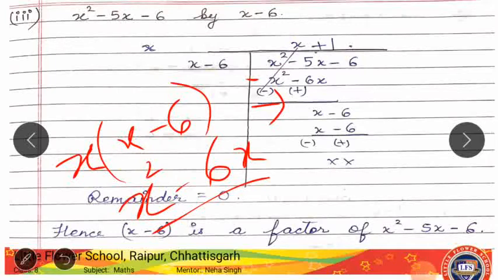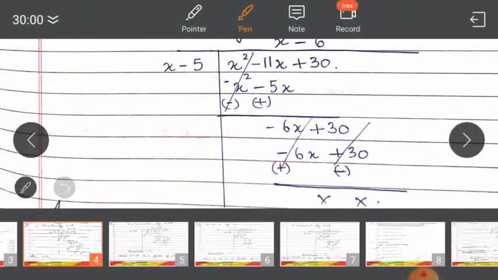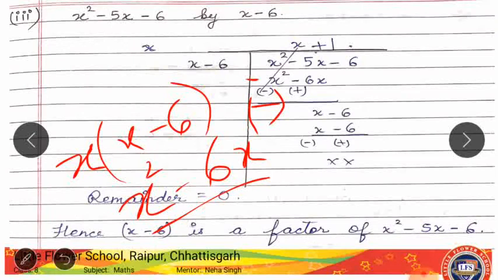This will be changed to minus sign and here it will be plus sign, right? So here, now after the sign is changed, we'll subtract the numbers. This will be getting cancelled.